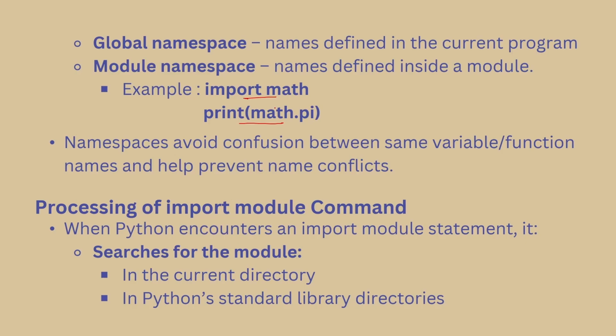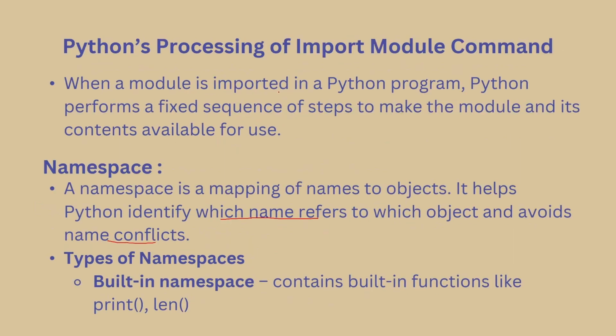So in order to avoid name confusion or name conflict, I say this, right? So that is what it is saying: the namespace helps Python identify which name refers to which object and avoids name conflicts, right?